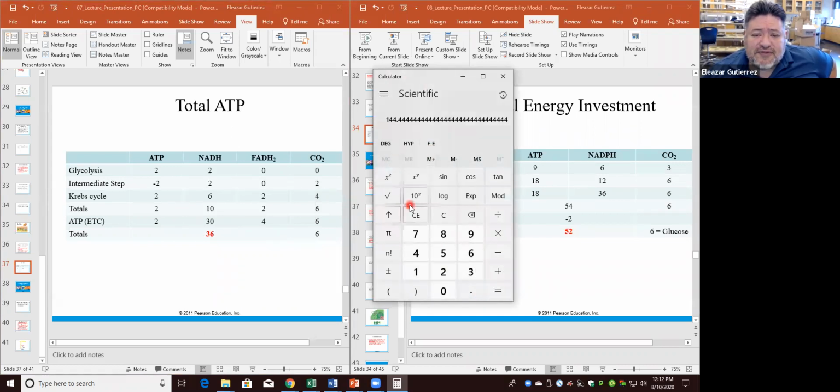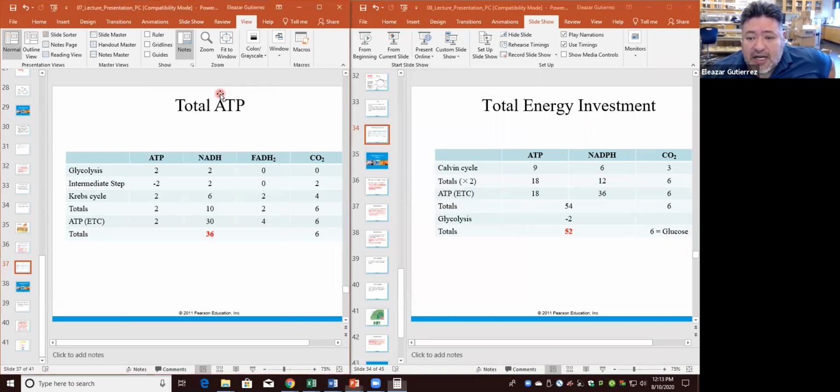The difference is 44%. Holy cannoli. So we have to invest an additional 44% in photosynthesis to make sugar. That's quite a bit. Again, that second law of thermodynamics is a son of a gun.